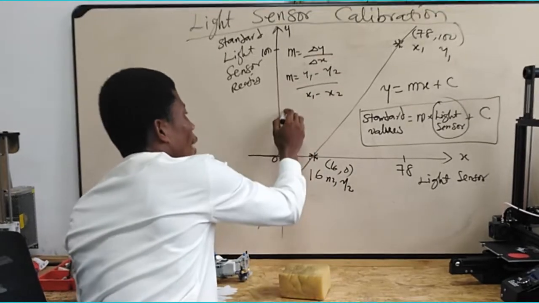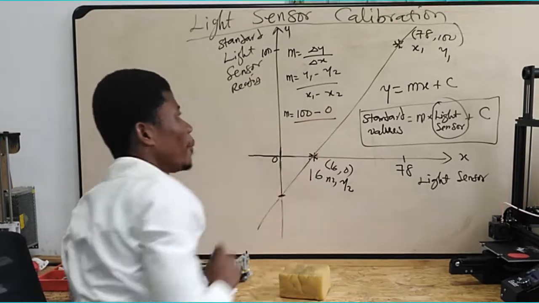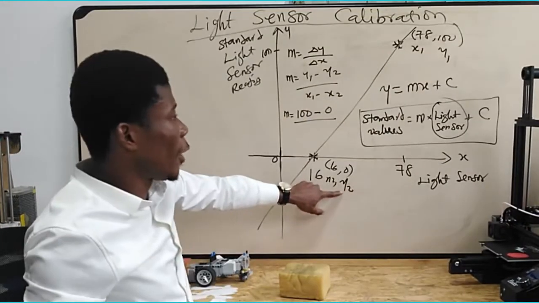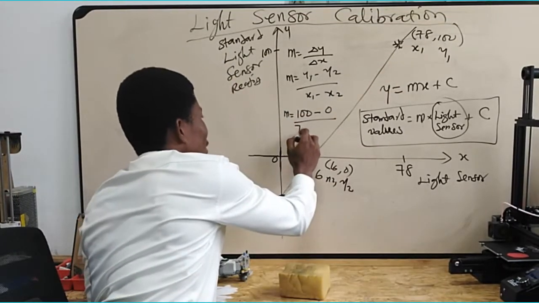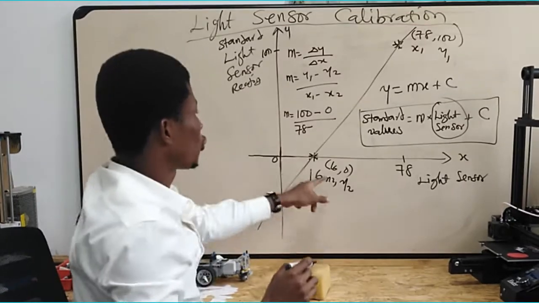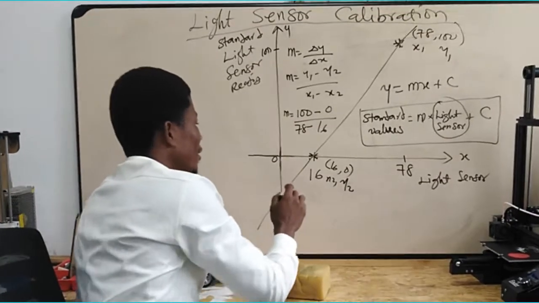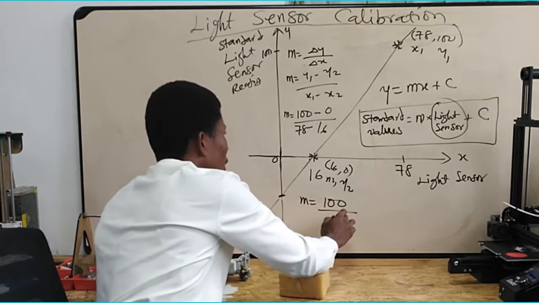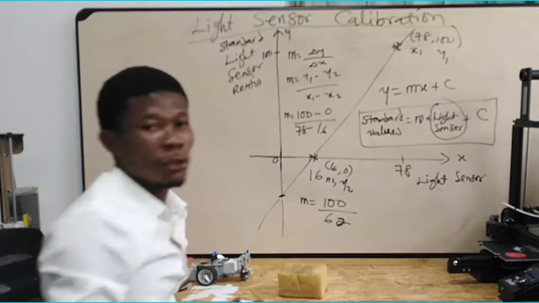That should give us m as 100 minus 0 over 78 minus 16. That is 100 for y1 minus 0 for y2 over x1, which is 78, minus x2, which is 16. So we have our gradient m going to be 100 over 62. 100 divided by 62.